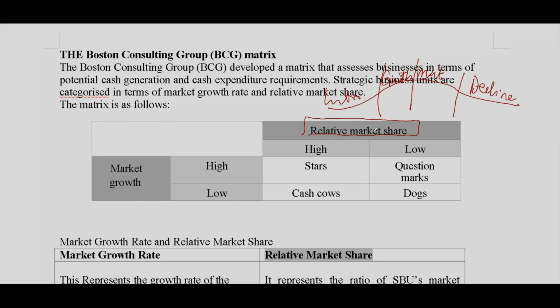So most of the time, these question marks, for now, we don't understand what they are, but just according to their relative market share and their market growth, you can tell that mostly products in the earlier stages will be problem children or question marks, right? Because it has potential for market growth. Market growth may be high. So mostly it's between the introduction and growth stage that you have question marks.